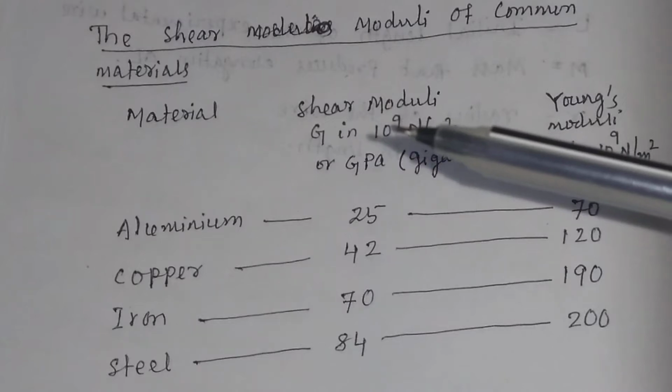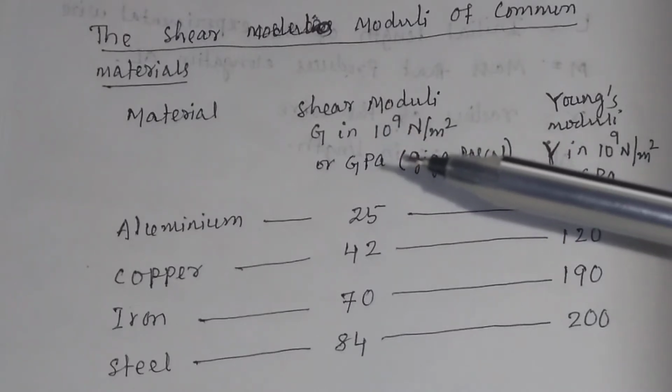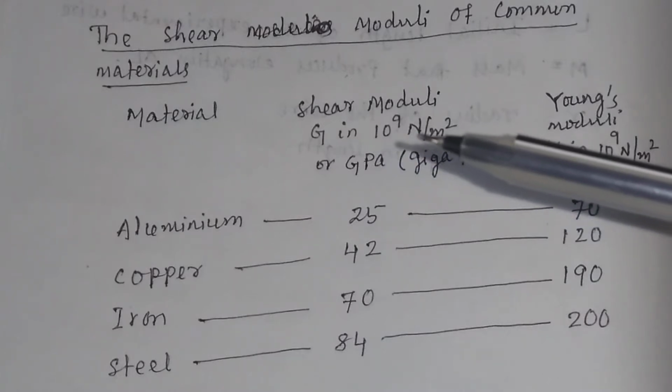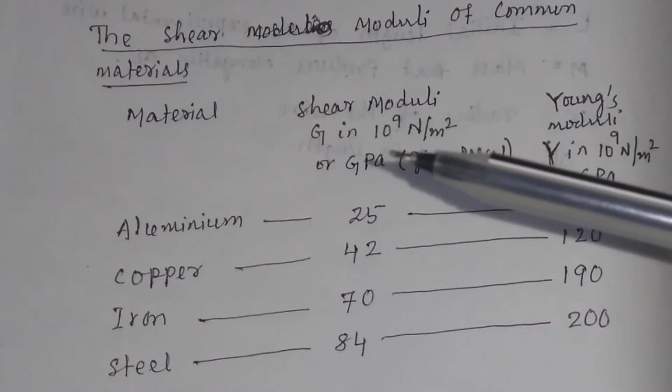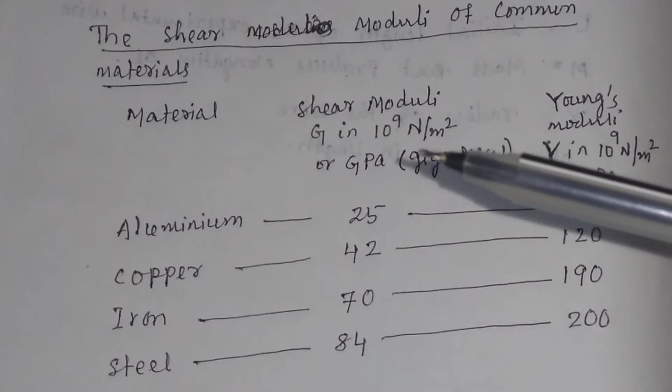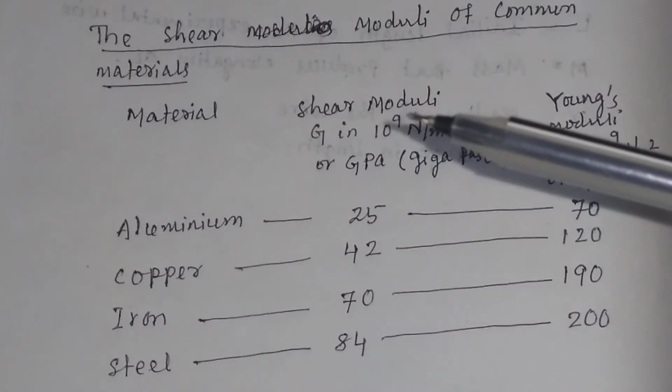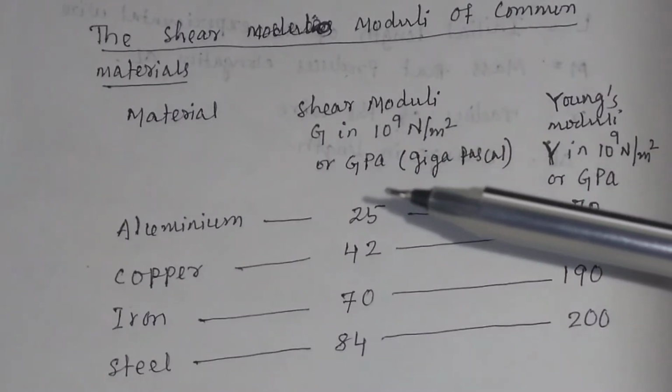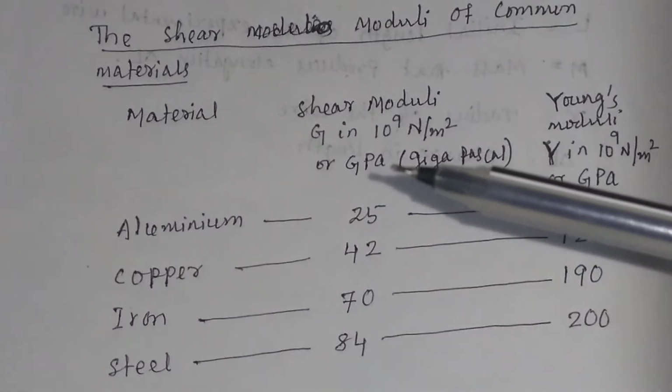Shear modulus is generally of the order of 10 to the power 9 Newton per meter square, and as you know 10 to the power 9 is giga, so it is the order of gigapascal.